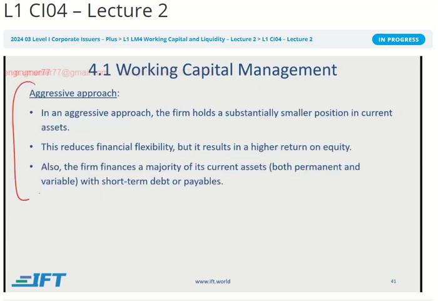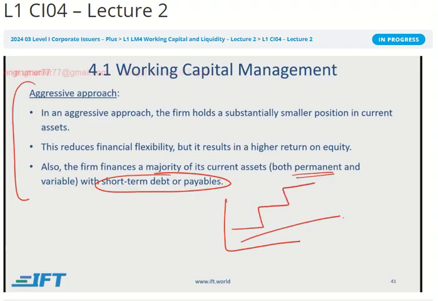Aggressive approach is the opposite, that even your permanent current assets are being provided for by short term, because your long term is so less that even your permanent current asset requirement is being financed with short term. Very, very high rollover risk over here.